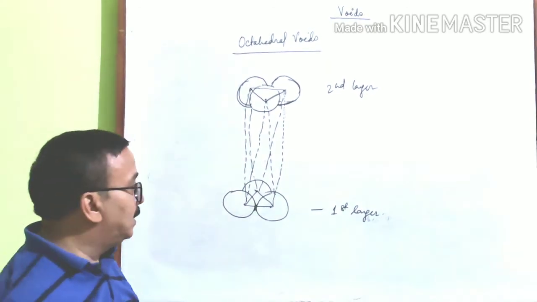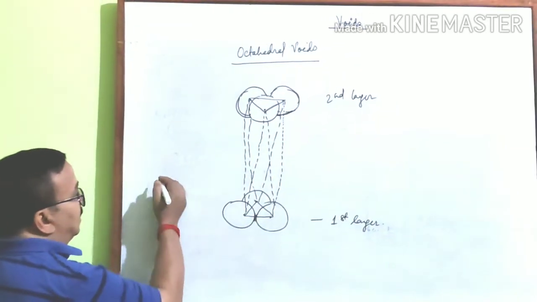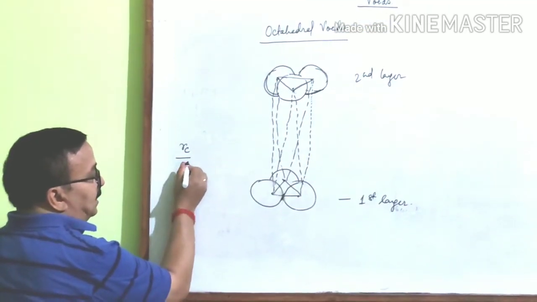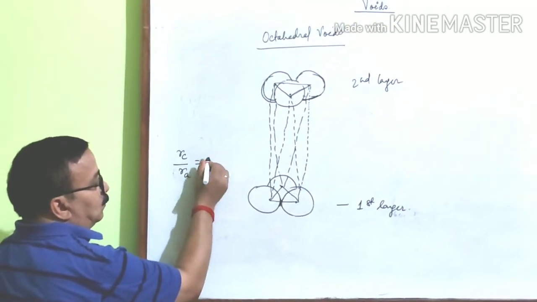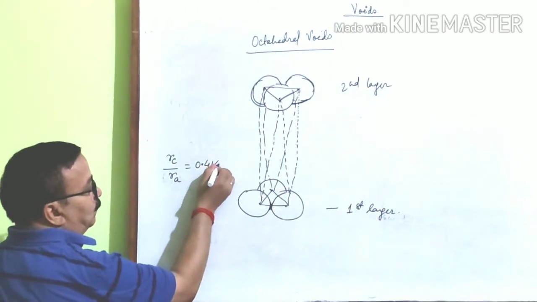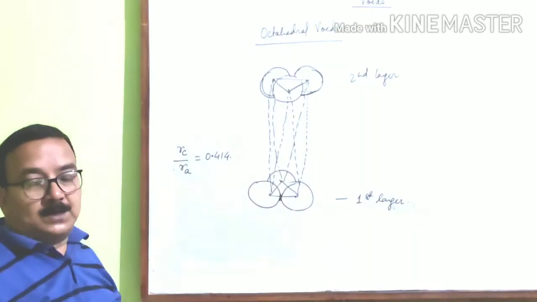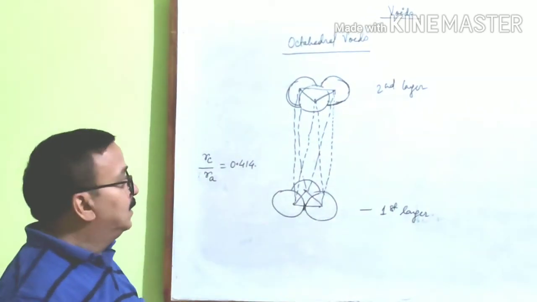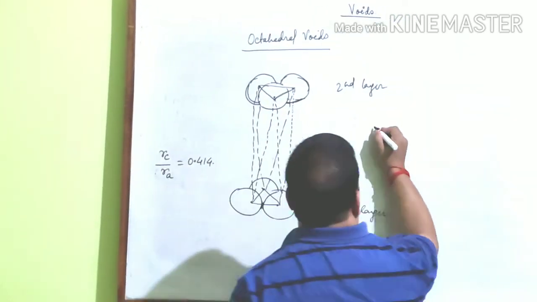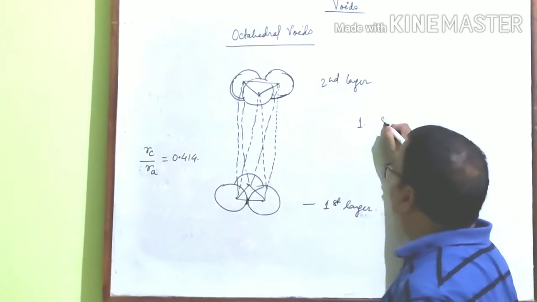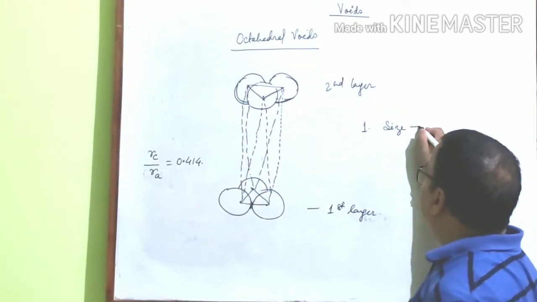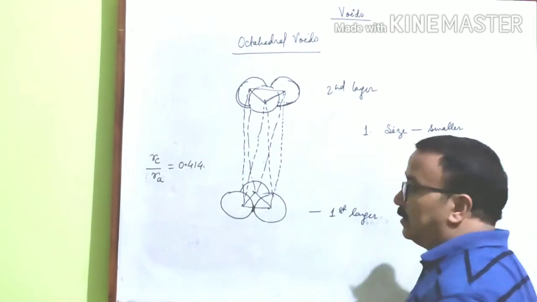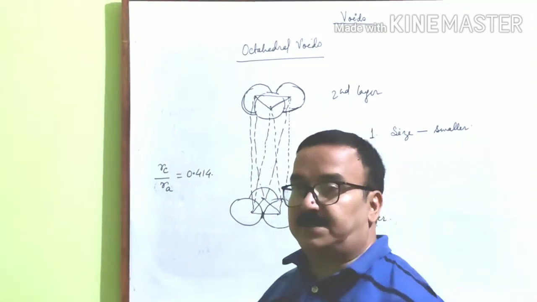octahedral void. In case of an octahedral void, the radius of cation by radius of anion is equal to 0.414. So, what are the characteristics of an octahedral void? Number 1, the size of the octahedral void is much smaller compared to the size of the spheres.